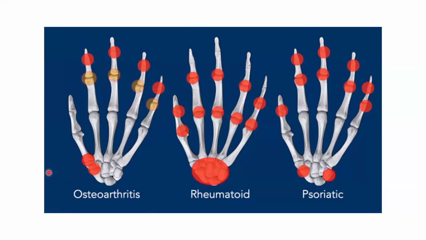So those are pathognomonic of osteoarthritis, distal interphalangeals, right? Rheumatoid is the metacarpophalangeal wrist joint, right, and the proximal interphalangeals, right, and it may affect this second row as well, right, but does not affect the distal. And in psoriatic, again, it's similar to osteoarthritis. It affects the distal joints.